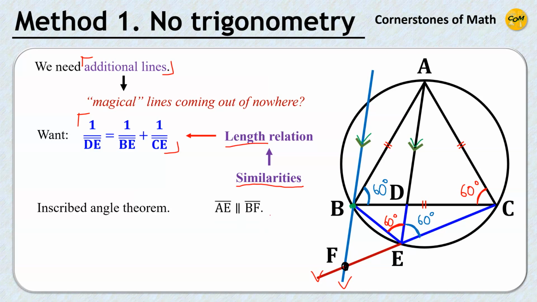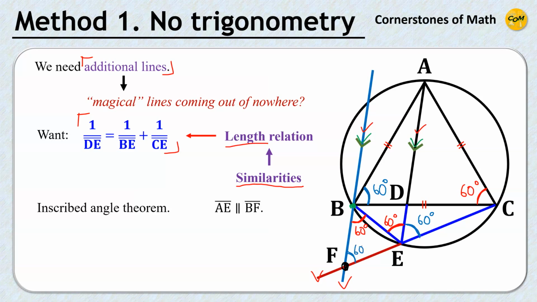Next, let's use the property of our additional line, which is that lines AE and BF are parallel. Then this angle EBF is equal to this angle AEB because they are alternate angles, hence angle EBF is 60 degrees. Moreover, this angle BFE is equal to this angle AEC because they are corresponding angles.